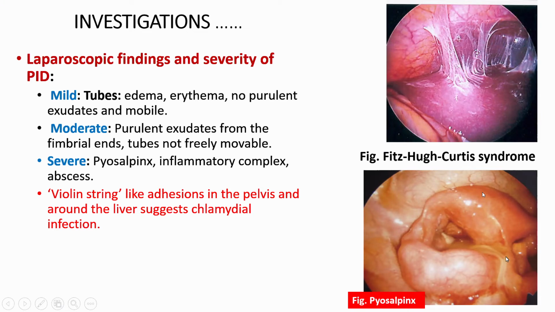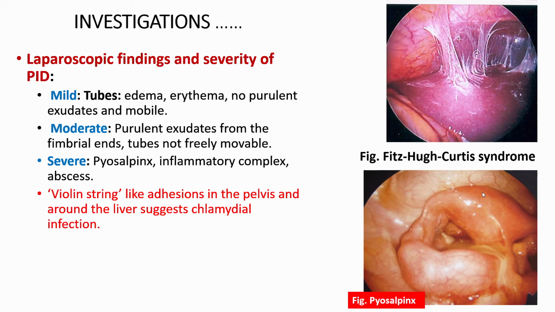Here you can see the pyosalpinx, pus within the cavity emanating from the fimbrial end of the tubes. In severe cases there is pyosalpinx; when there is pus in the cavity, we call it severe. Pyosalpinx, inflammatory complex, and abscess. When there is an obvious tubo-ovarian abscess or pyosalpinx, it is severe. So we can assess the severity with laparoscopy as well.